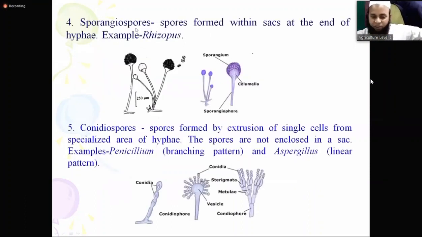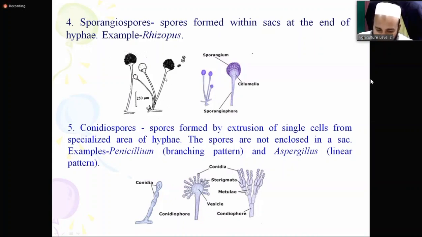Another is sporangiospore. This is also an asexual spore. What are these spores? Spores formed within a sac, a bag, at the end of the hypha.